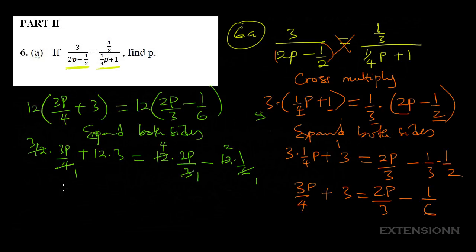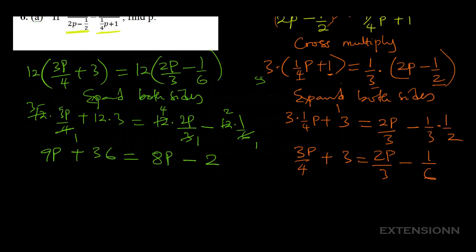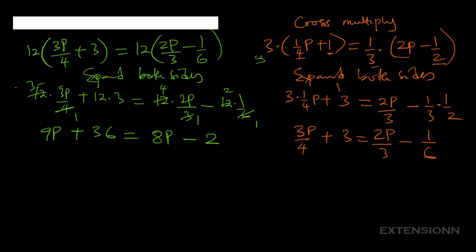Very cool. So here we would have 3 times 3, 9. That's this 3 times this 3 will give us 9p plus 12 times 3, that will be 36. So 4 times 2, that's 8p minus 2 times 1, which is 2. If we solve this together, we'll have another very wonderful answer. So collect like terms.